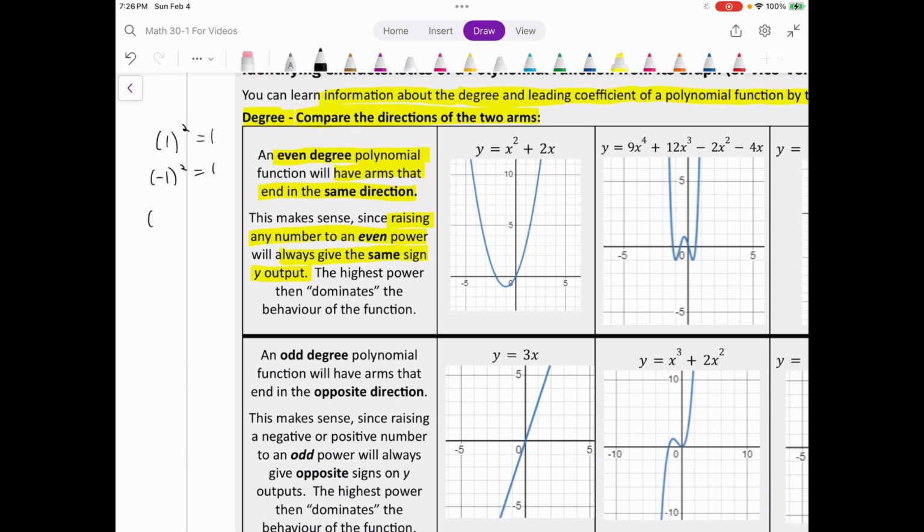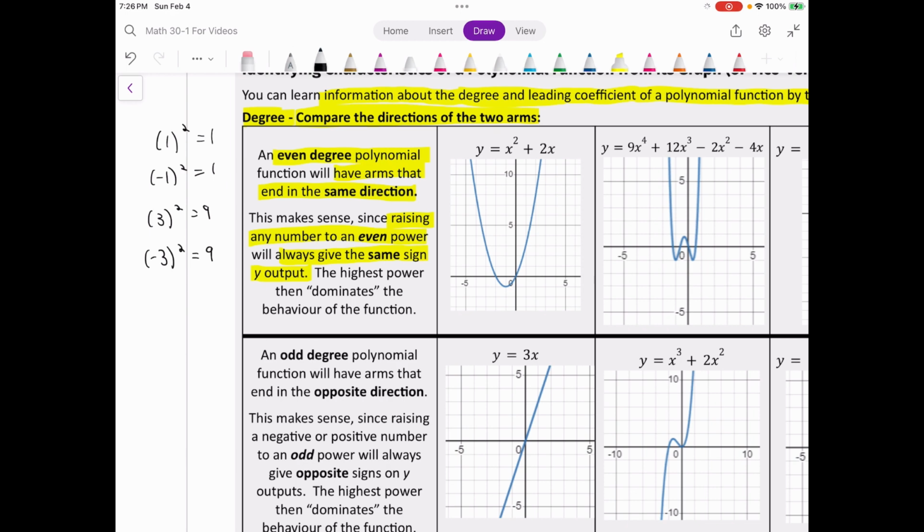If I square 3, I get 9. If I square negative 3, I also get positive 9, right? Notice, negative inputs and positive inputs give the same sign output for an even degree, even power.